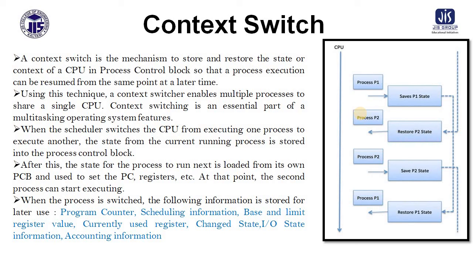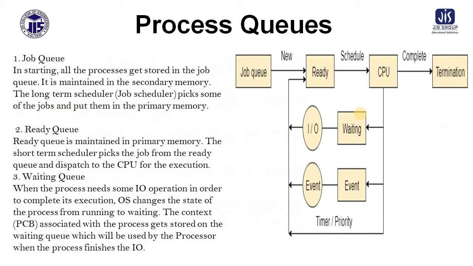When the process is switched, the following information is stored for later use: the program counter, scheduling information, base and limit register value, currently used register, changed state, I/O state information, and accounting information. So these are the important points you have to remember regarding context switch.